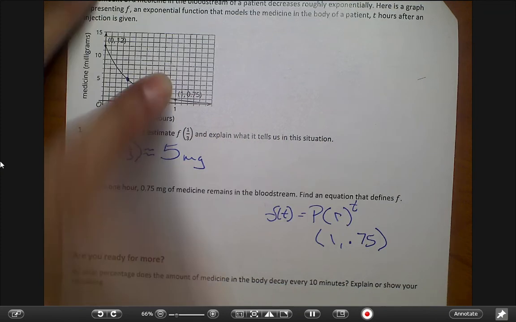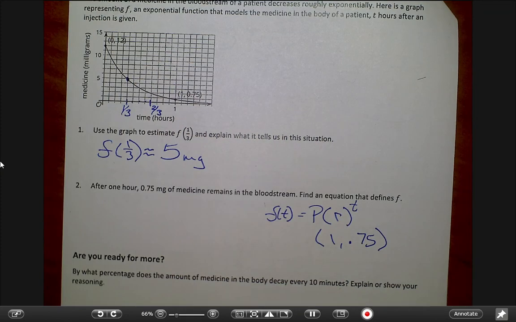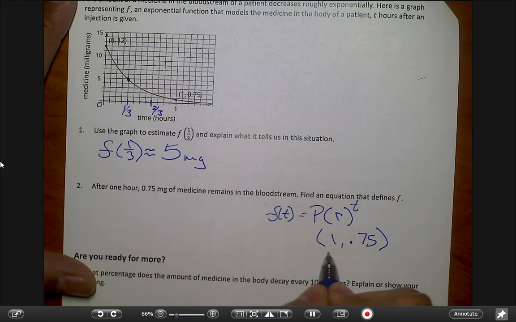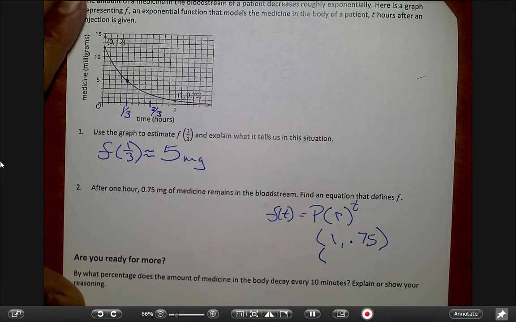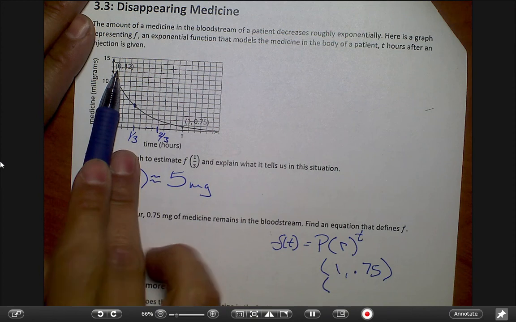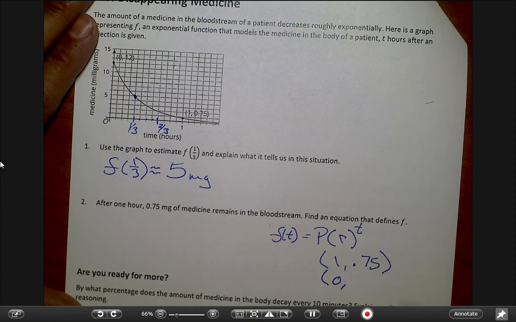Now, what is my starting amount? Look at the graph. It is 12. Right, Angel? So, what's going to be the T value for my starting? 0, right? T value when you start, if you notice it's right here, is going to be 0. And your initial amount is 12.